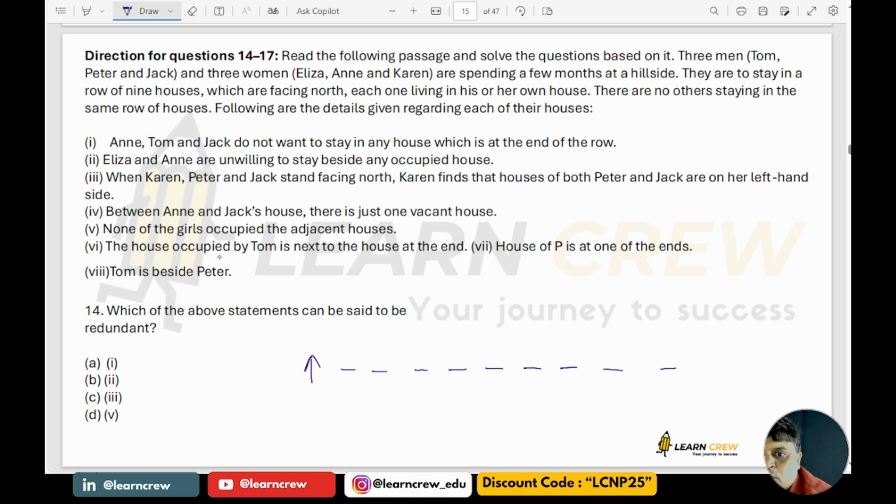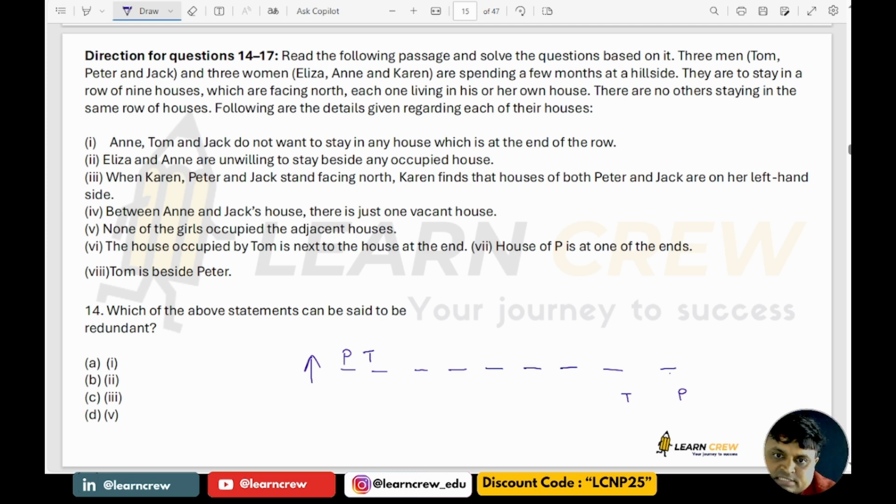The house occupied by Tom is next to the house at the end, and the house of P is at one of the ends. So I am taking P as here, then T would be here, or P is here and T would be here. This is one possibility. These two possibilities are there.